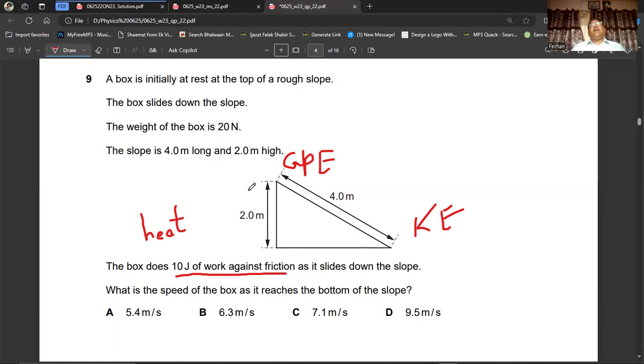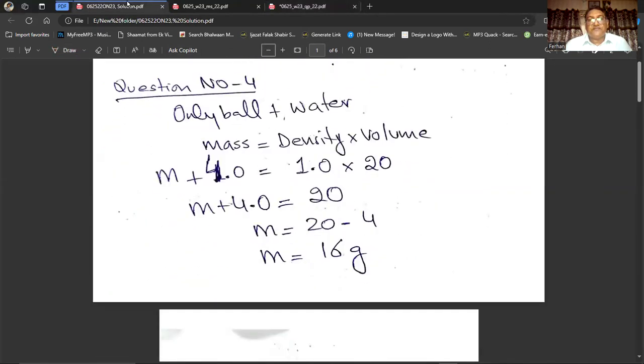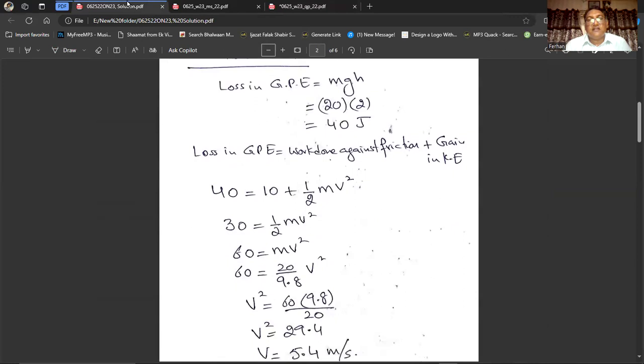So now we'll try to understand this equation. The loss in the gravitational potential energy will be equal to the work against the friction plus the gain in the kinetic energy. This equation is very important. Okay, so let me show you. I have done this.